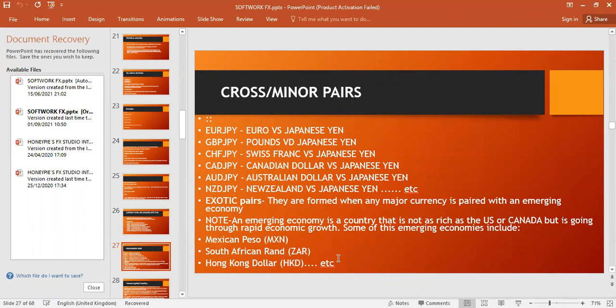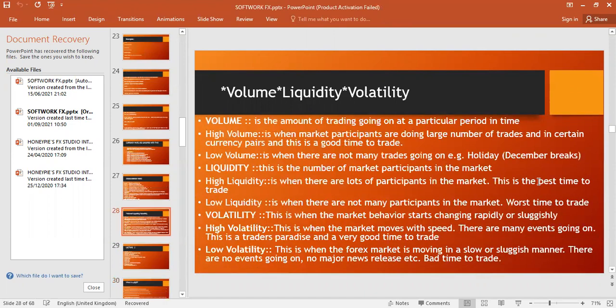Probably you would have seen Euro ZAR or USD ZAR. All these are under the category of exotic pairs. It's just for you to know all this so that you have total knowledge of what is happening in the market.